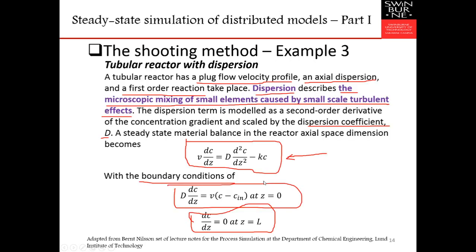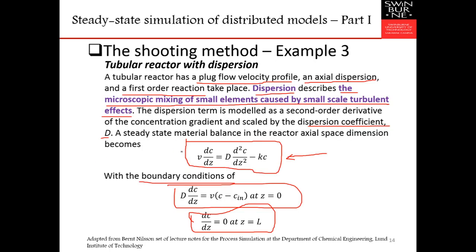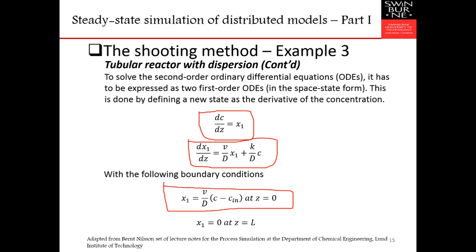And then now the next part is that we have to express this second order ODE into two first order ODEs. So we express dC per dZ is equal x1, and the dx1 per dz becomes this, and then the boundary condition is converted to this boundary condition, and then this one will become this.